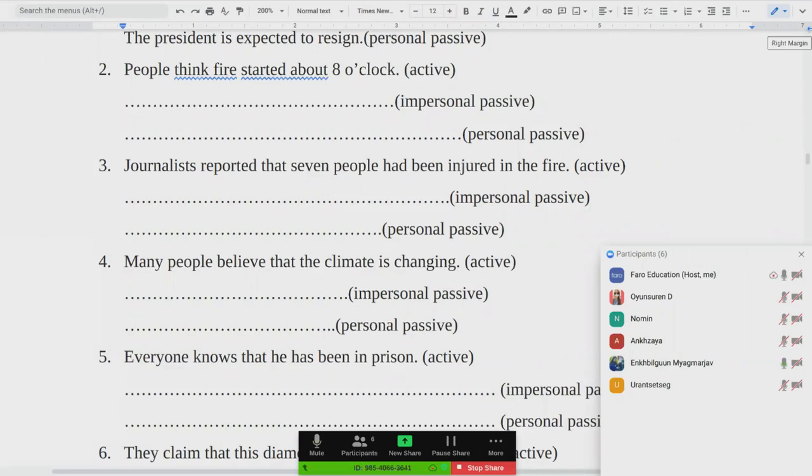Seven people are reported to have been injured in the fire. Good job.